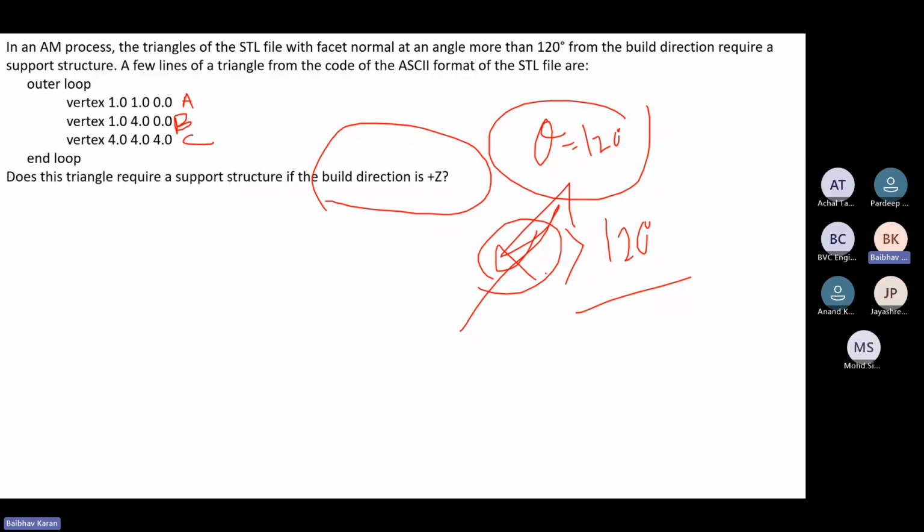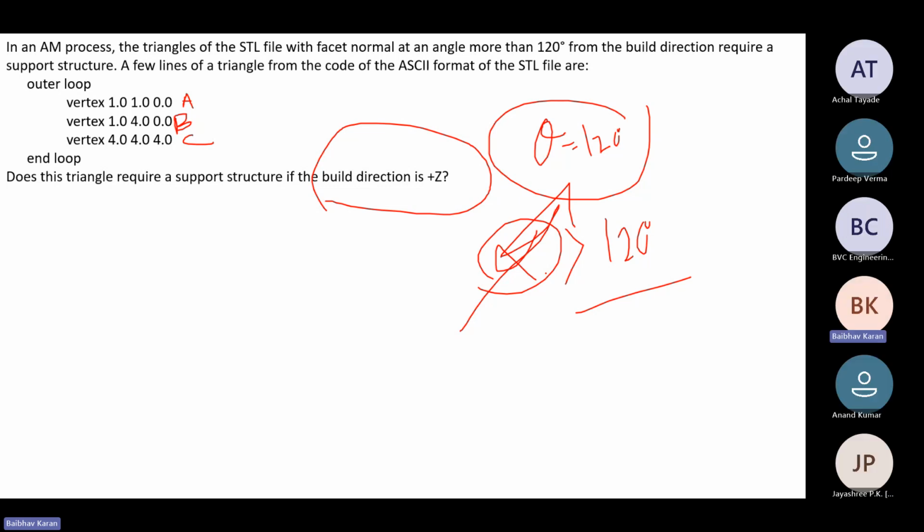One more trick to solve this question: you need to find out the unit normal vector of the plane. There are three coordinates given. A triangle has been formed. You need to find out the unit normal.